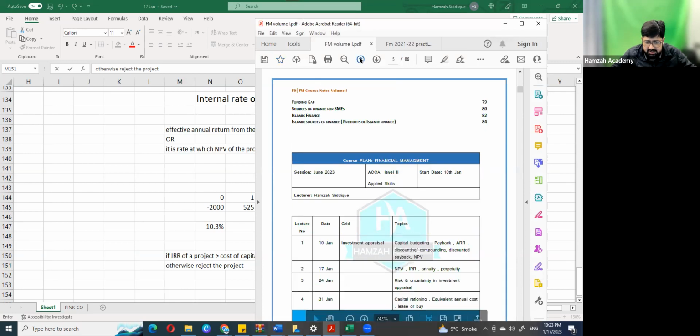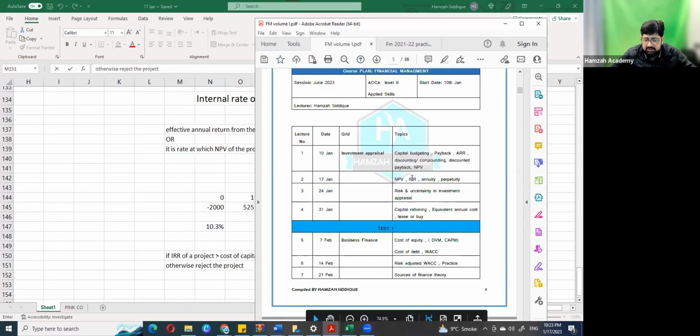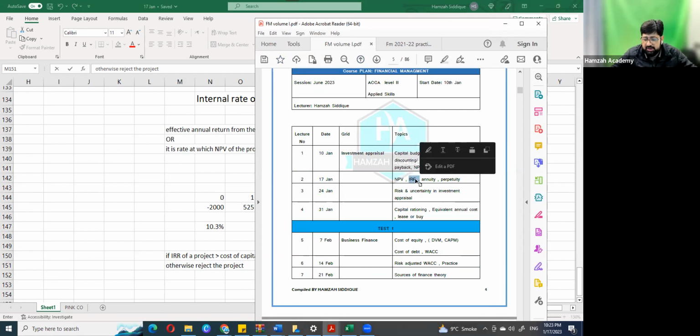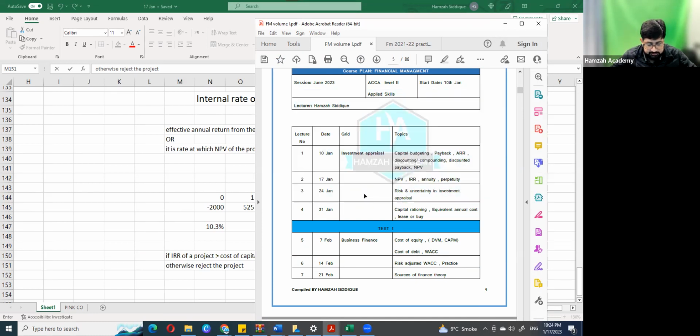We have touched the past paper questions. In the next class, we will continue from here. I will wind up IRR, it will be a 30 minutes job, and then risk and uncertainty and practice questions.